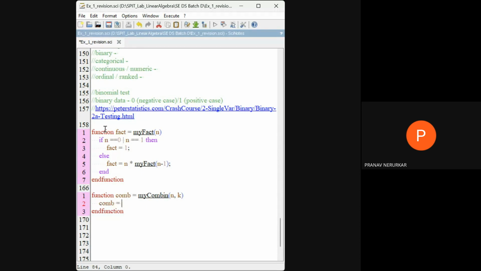So combination, n choose k or n k combinations of n, is given by n factorial divided by, in the denominator, k factorial multiplied by n minus k factorial.